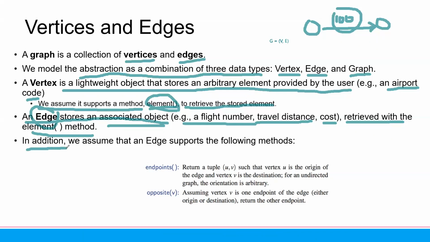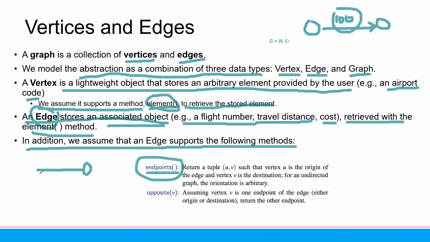In addition, we assume that an edge supports the following method: endpoints. The endpoints means that if I have an edge, there should be a vertex U and a vertex V. The vertex U is the origin of the edge, and the vertex V is the destination.